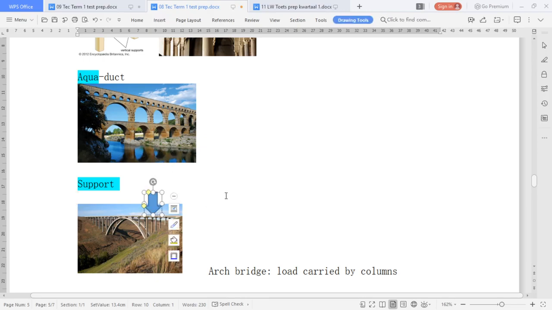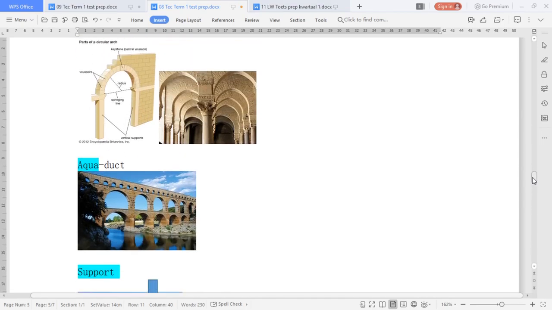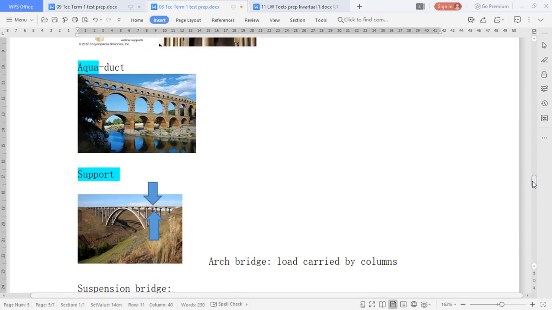So the load comes down like this, and the arch carries the load, or the arch, sorry, let's restate that. The arch supports these beams. So the beams here on this side, these columns, carry the load, and the arch supports those. Alright, so arches for support. We have arches for decoration, arches for aqueducts, and arches for support.